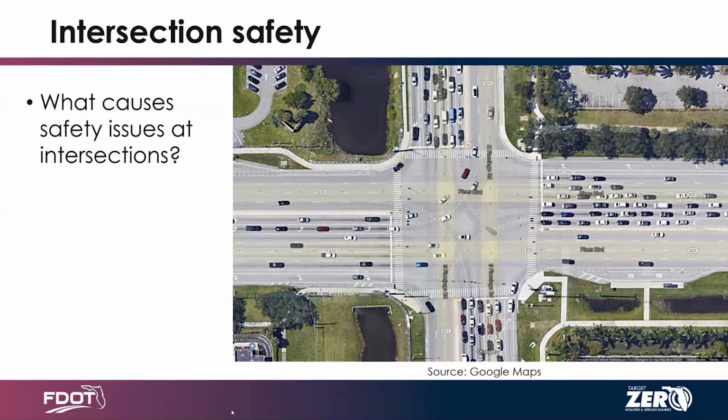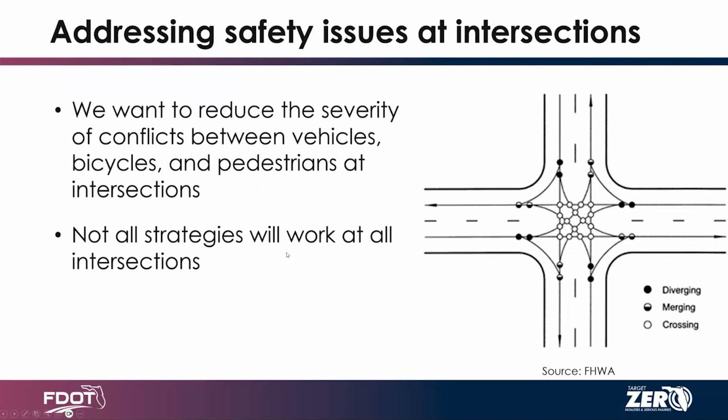And so when we talk about conflict points, we want to reduce the severity of conflicts between all road user types. That includes vehicle to vehicle, vehicle to bicycle, and vehicle to pedestrian crashes, and reducing those conflict points.